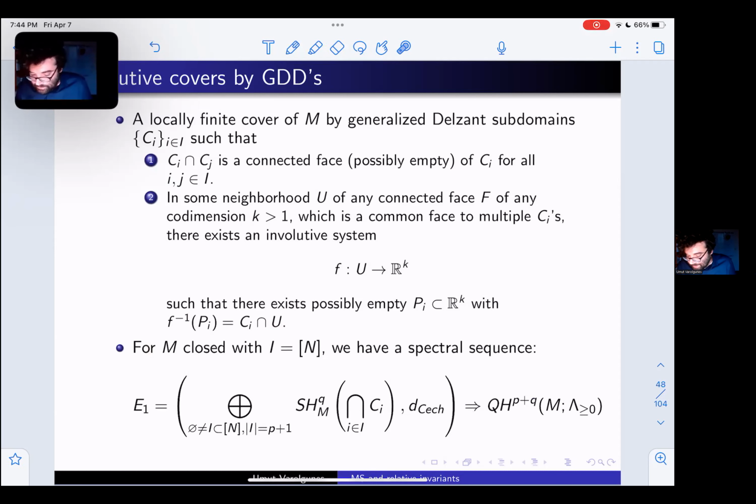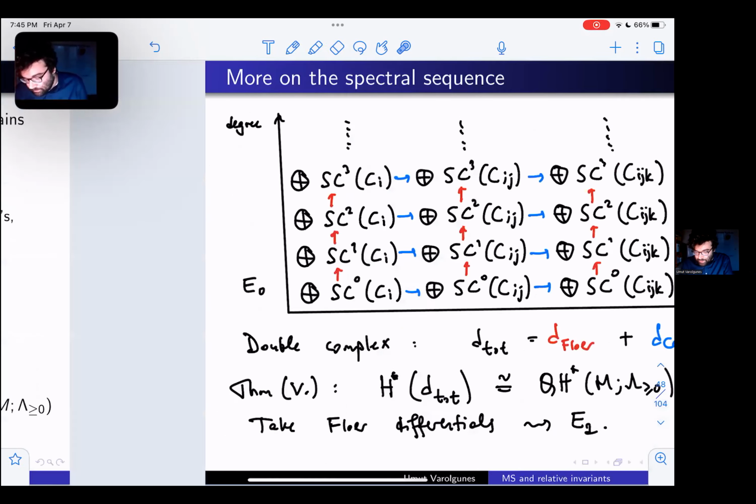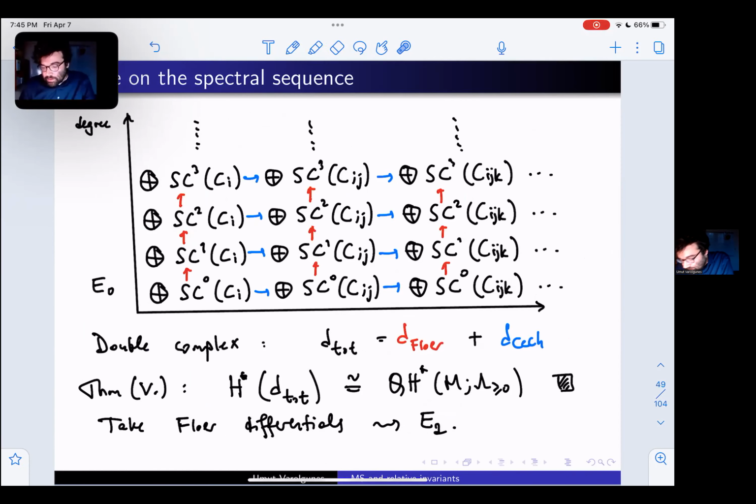Then there's a spectral sequence converging to quantum cohomology, and in the first page of the spectral sequence you have relative symplectic cohomologies of intersections of this decomposition. I have to be careful when I'm saying this, but let me just be a little bit vague here.